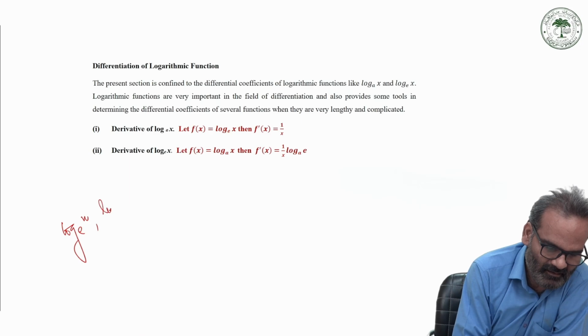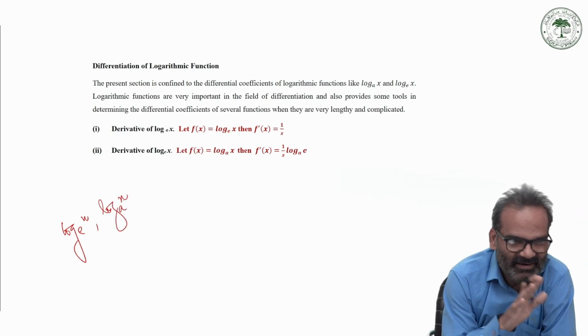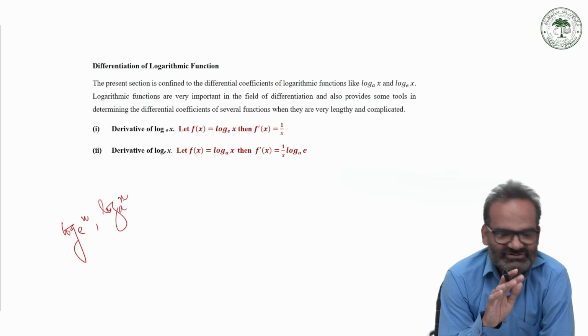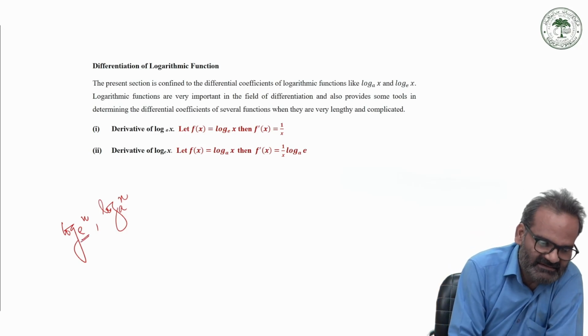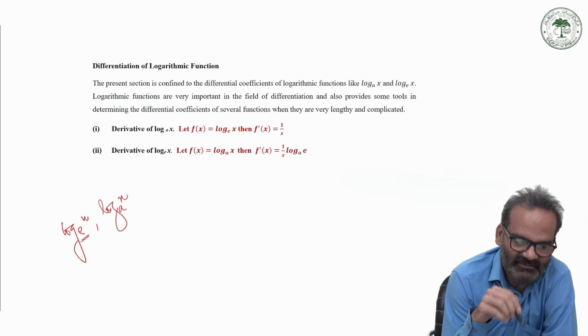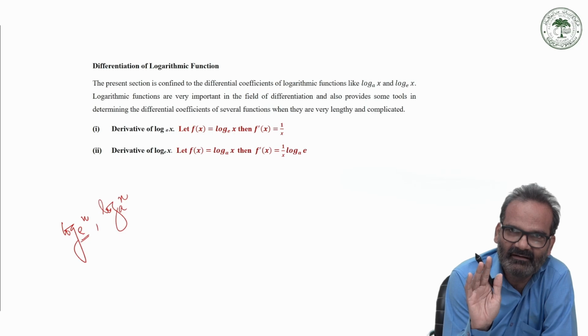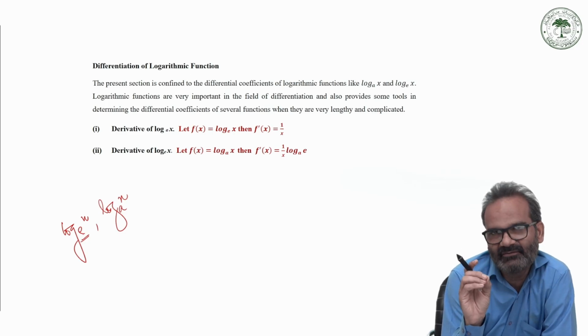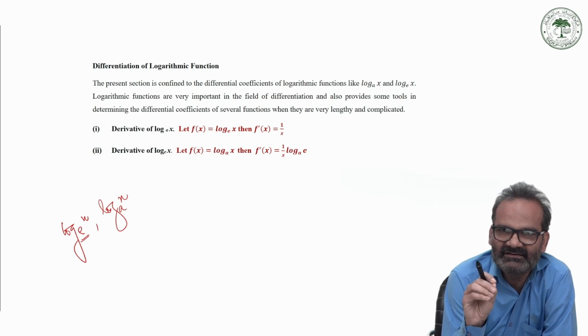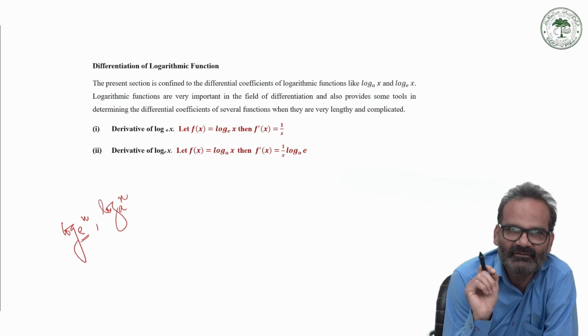If the base is not mentioned in any question, we will assume that the base is e. Otherwise, the base will be mentioned. Be careful, okay? Let me repeat it once. If the base of the log is not given in any question, then its base is always considered as e. Otherwise, it will be mentioned.